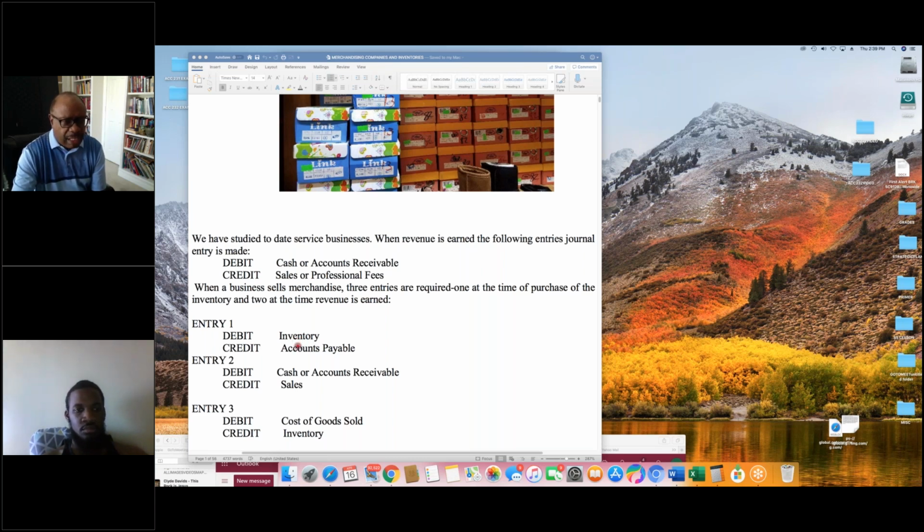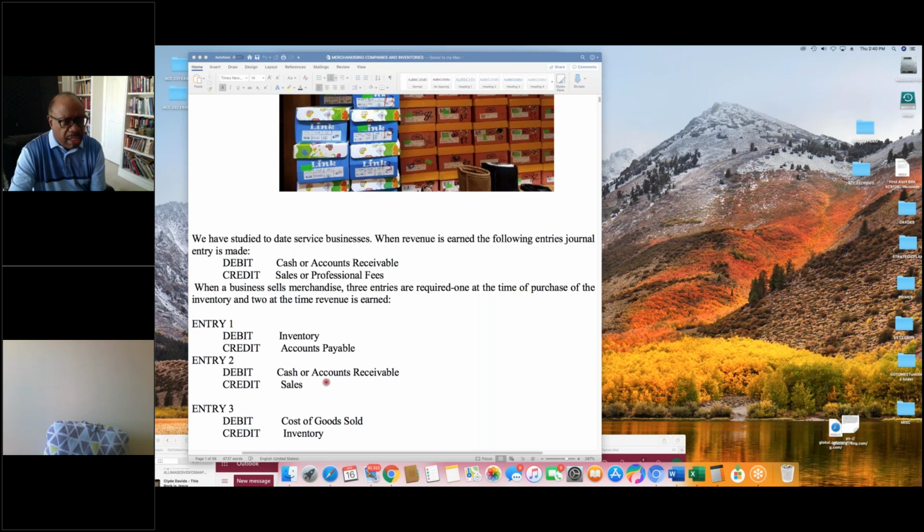Then when we sell the item, 2 journal entries are required. One to record the sale, as was here, but a second one to record the inventory being sold, debiting cost of goods sold and crediting inventory. The objective is not to buy the inventory, but to sell it. When we bought the inventory, we got to pay for it.